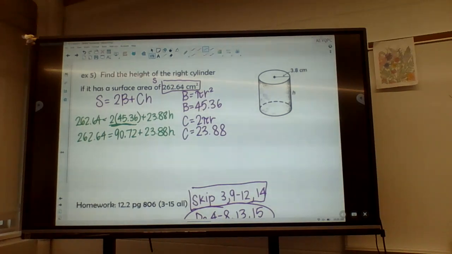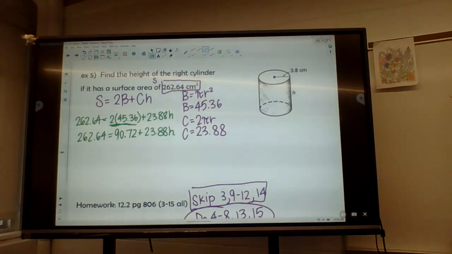Don't let all the decimals overwhelm you here. This is the same thing as solving an equation like 2 equals 9 plus 2x. You wouldn't put the 9 and the 2 together, so we don't want to add those decimals together. We have to undo this algebra problem. What's our next step?